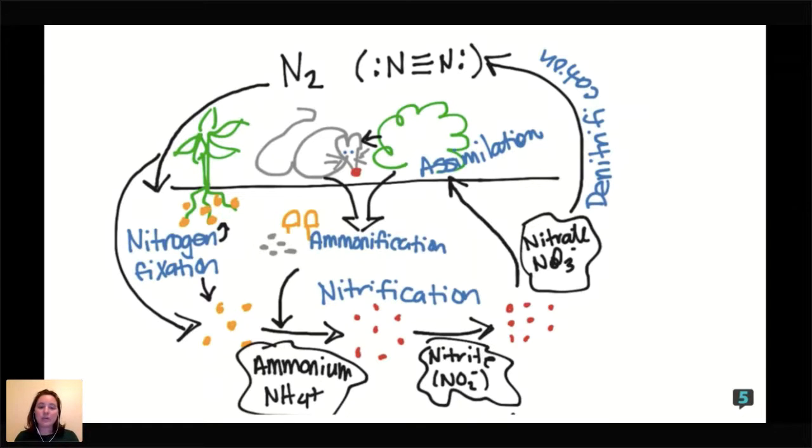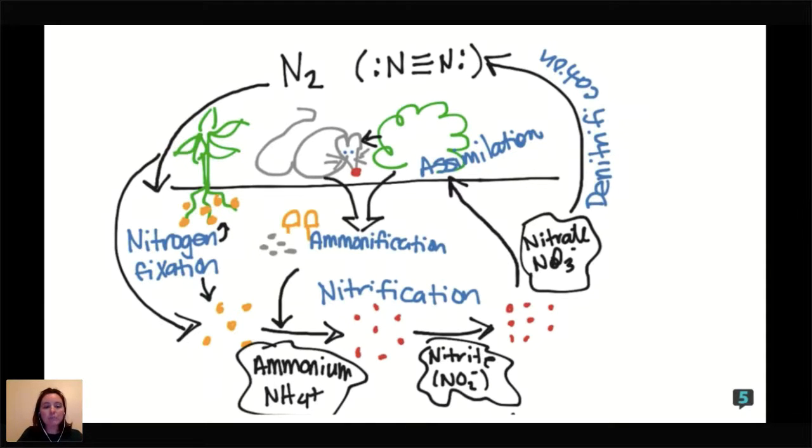That triple bond means that those nitrogen molecules are super happy, super secure, hanging out with each other. They really don't want to interact with anything else. But in order to get them into the whole ecosystem, they have to break apart and be turned into other compounds. So the nitrogen cycle comes into play.